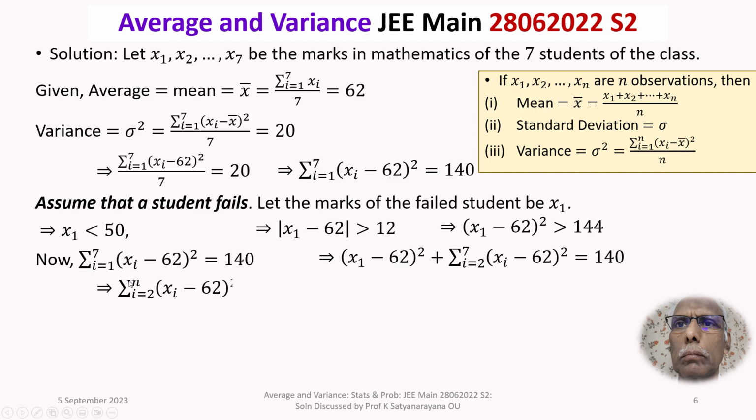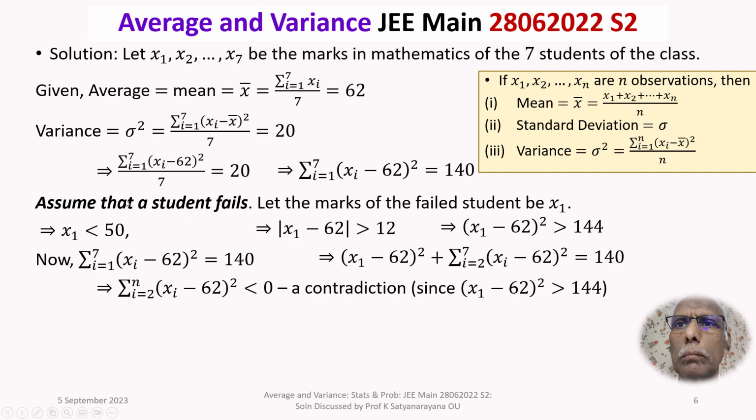This implies sigma i equal to 2 to 7, (xi minus 62) square, is negative, which is a contradiction. Why? It is the sum of the squares. Sums of the squares can never be negative. It's a contradiction. This contradiction is because of our false assumption.